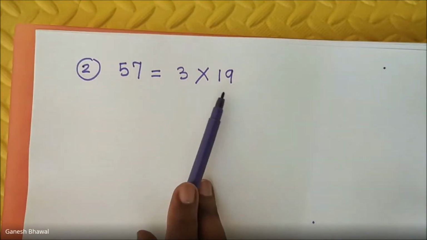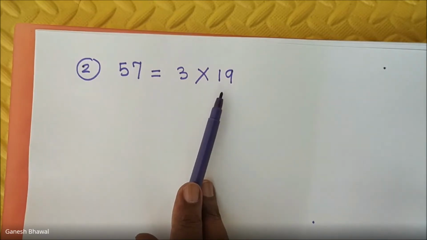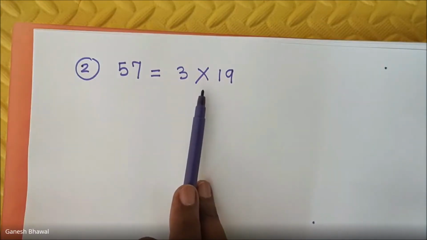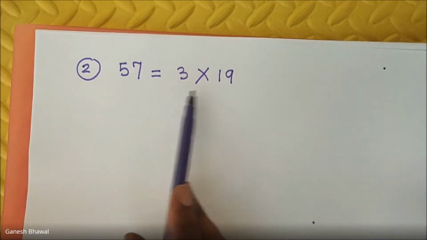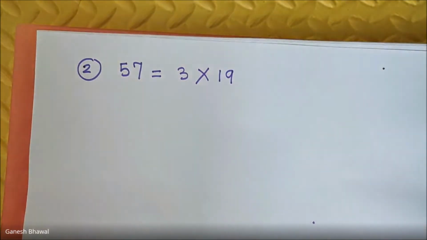Now tell me, is 19 a prime number or a composite number? Prime number. So this is the answer. We cannot factorize further. 3 into 19 is the answer for this question.